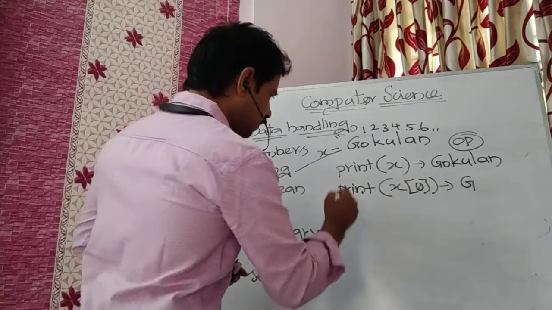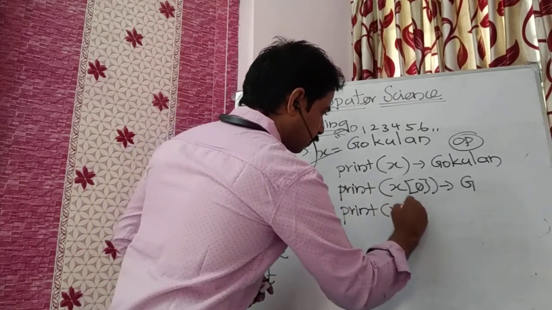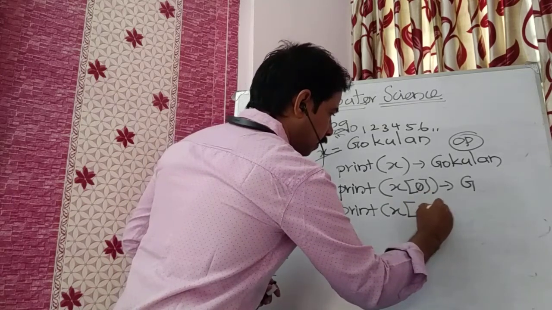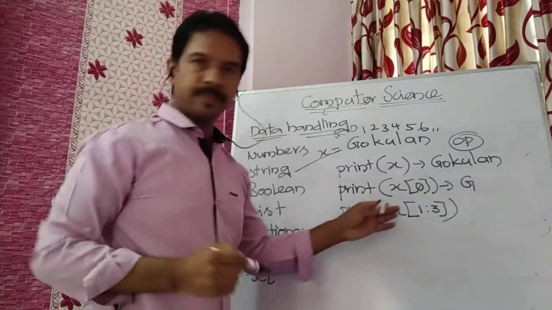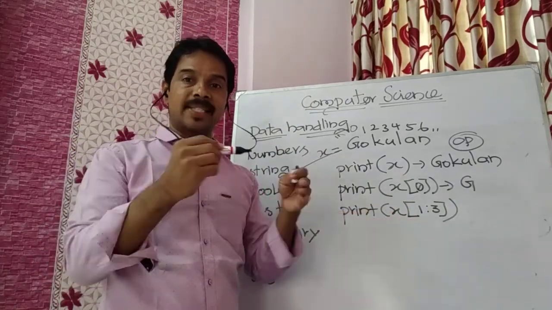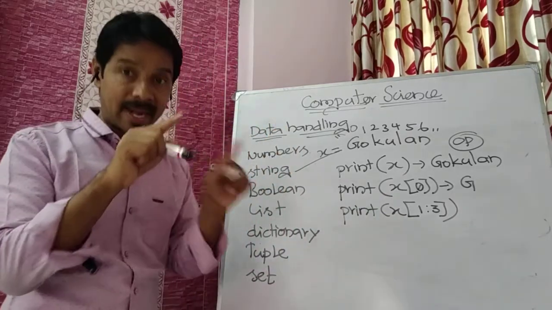Next you see print x of 1:3. Here you are accessing a range of characters.